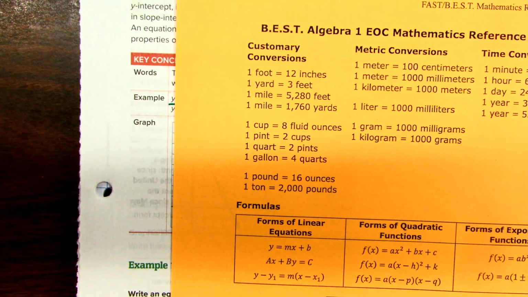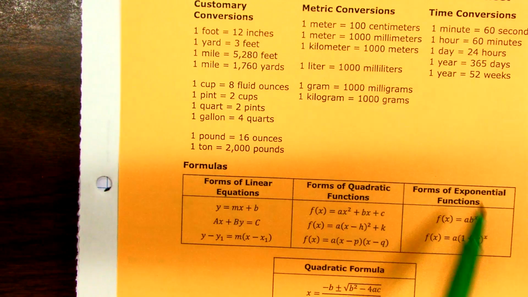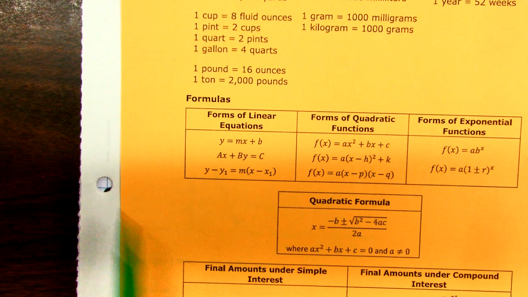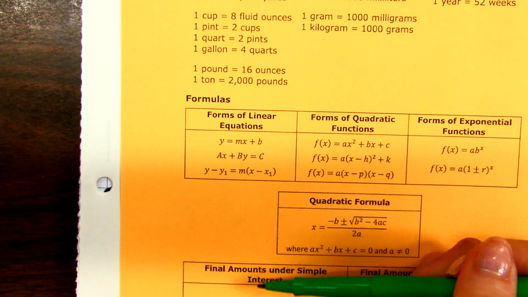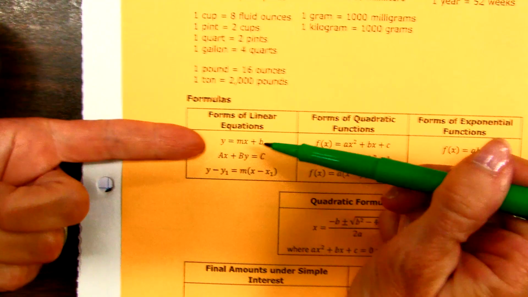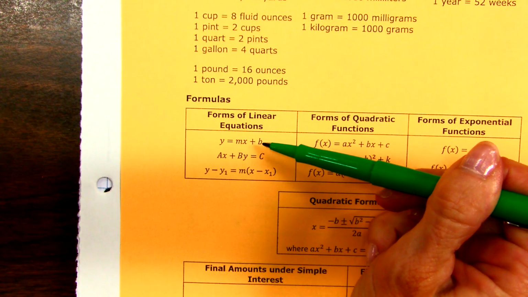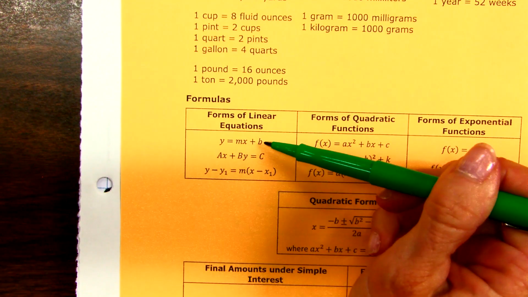Eventually, we will work with everything on here, and everything on here is always going to be given to you for tests, quizzes, homework, EOC, module tests, everything, okay? Anything that's on here does not have to be memorized, but you have to know what they are and how to work with them. And our first one is slope-intercept form. So start imprinting it in your brain throughout this lesson because we use it all the time.